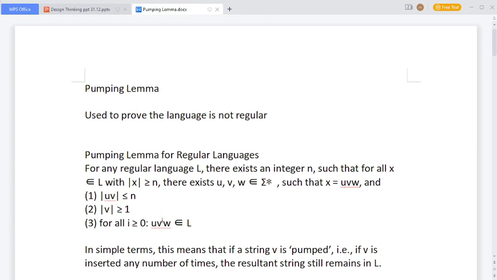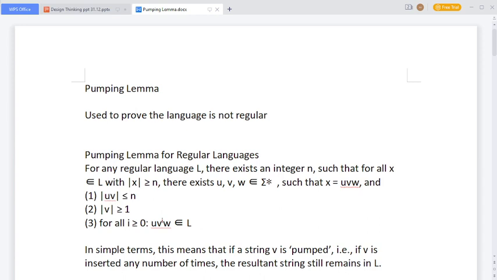The modulus of uv is always less than or equal to n, and the middle part v has length greater than or equal to 1. Then I change the format uvw by increasing v to the power of i, where i is greater than or equal to 0, so u v to the power i w also belongs to the language.